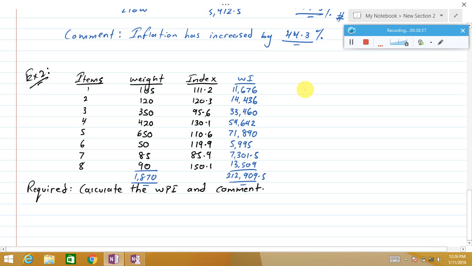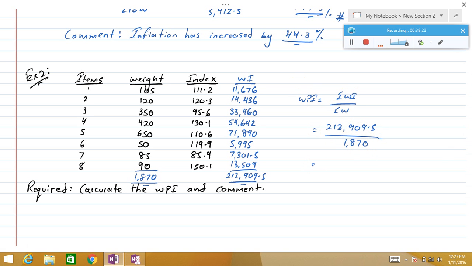There you are. So we take 212,909.5 divided with total weight 1870. But do not times 100, remember. So you get 113.9%. Check, is that correct?